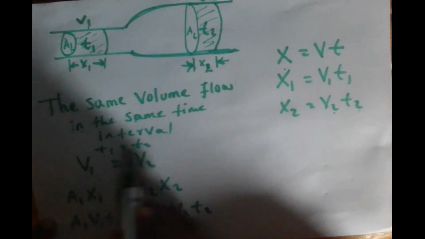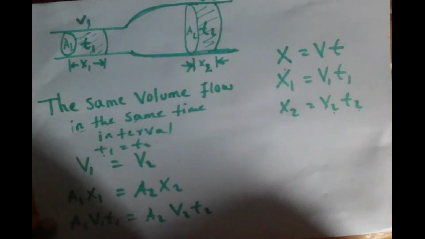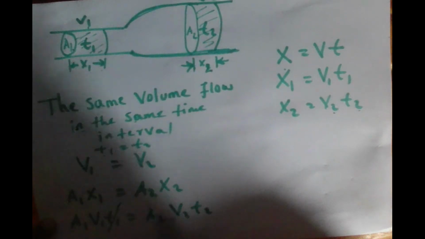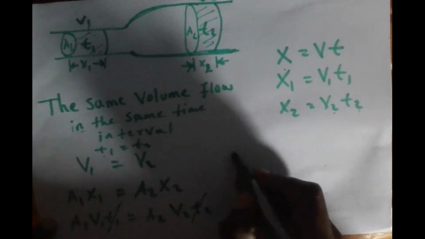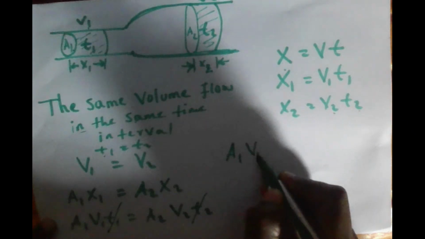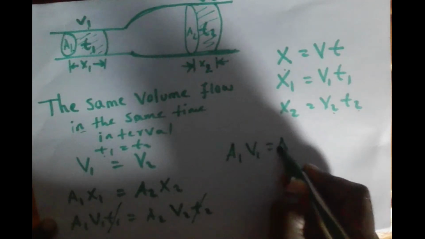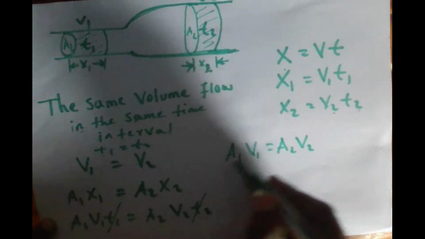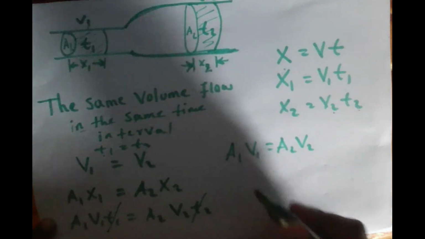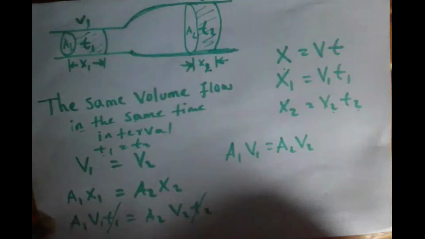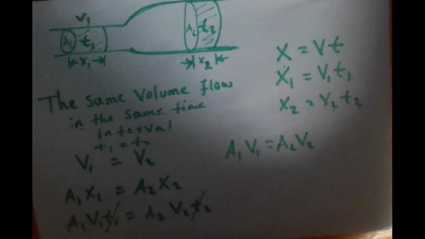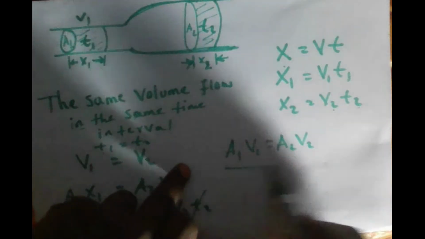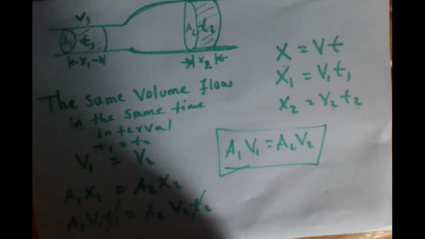We know that t1 is equal to t2. T1 and t2 are the same. Therefore, we can cancel this out, and finally we'll get area 1 v1 is equal to area 2 v2, which is equal to the flow rate. While flow rate is A times V, or area 1 v1 is flow rate, A2 v2 also, because they are the same value. So with this we can get the equation of continuity.